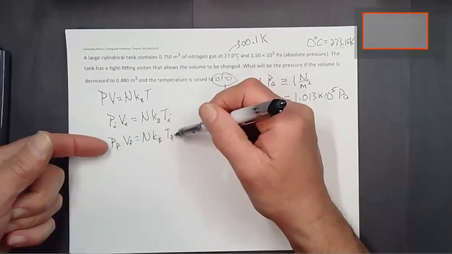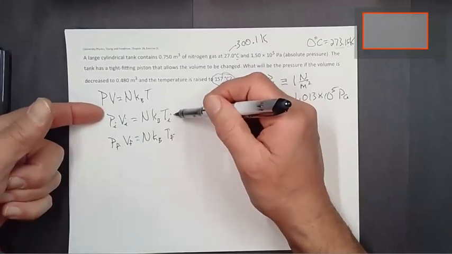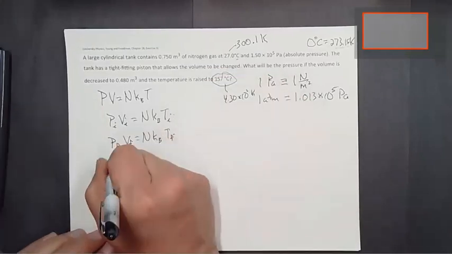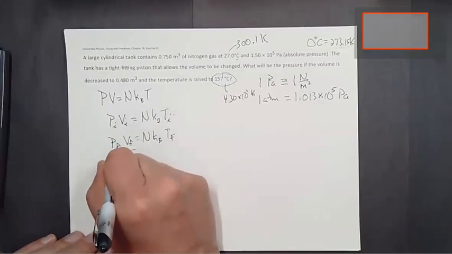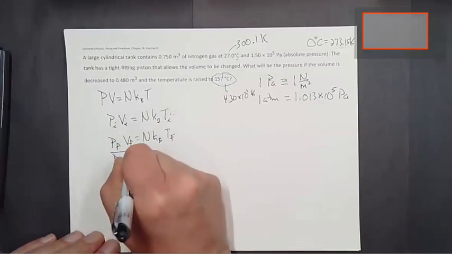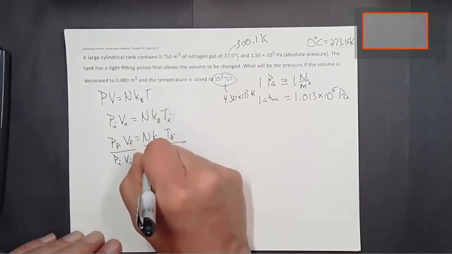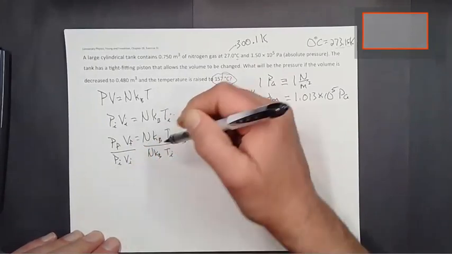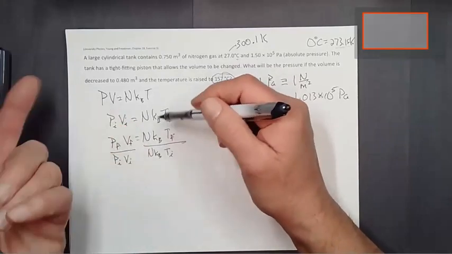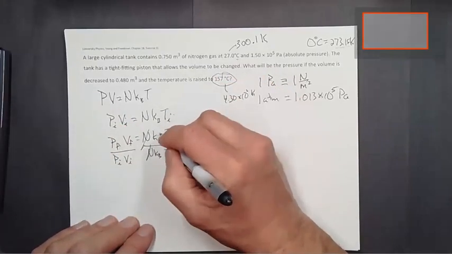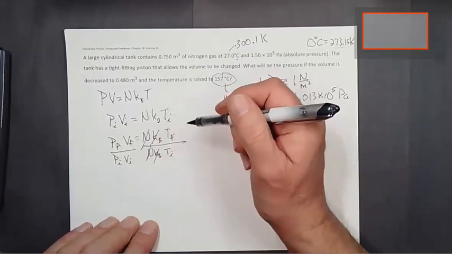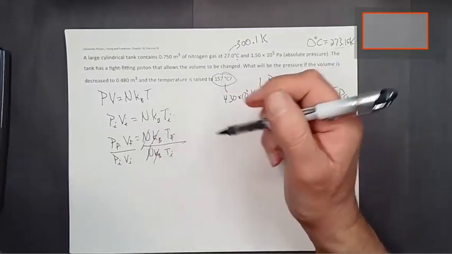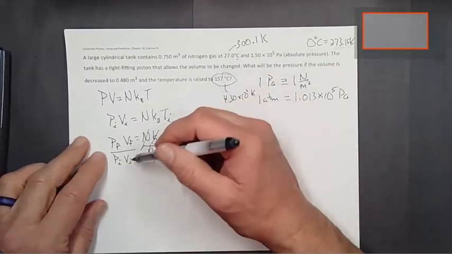And I think I'll take this equation and divide it by that equation. So I'll stick the other one underneath it, P initial V initial over N k_B T initial. And you can see the N and k_B are going to divide out, so I don't have to calculate those.